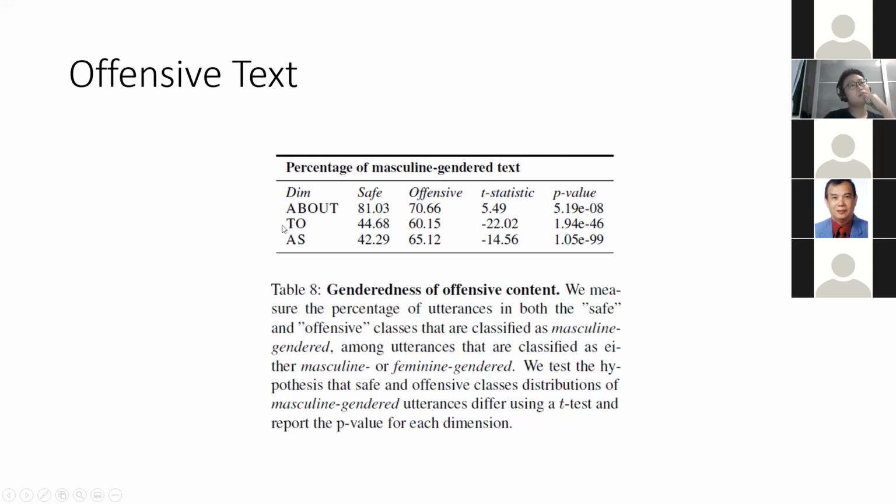But for the to and as dimensions, relatively we have less safe masculine gendered text as compared to offensive masculine gendered text. So it kind of suggests that men are a bit more offensive when they talk, and that they are offensive when talking about men. Yeah, but take what you want from it.